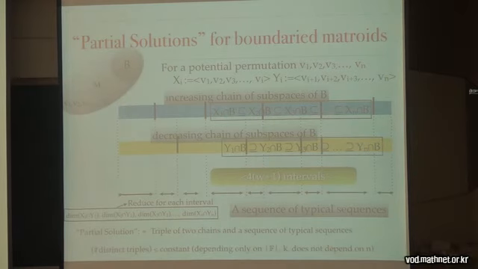So the number of distinct triples, the chain and these sequences of typical sequences, is bounded by a function depending only on the size of the field and k, but it doesn't depend on n. So that's the information that we keep in the iteration.